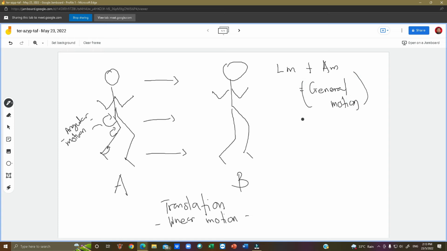Kita tak boleh cakap gerakan kita totally linear, because for us to actually have a motion, we need to use joint. Jadi motion manusia ni dia akan bermula macam ni. We have stimulus, signal lah, stimulus to move, and then we have muscular contraction. Okay, after muscular contraction, we have joint movement. And then we have skeletal movement.